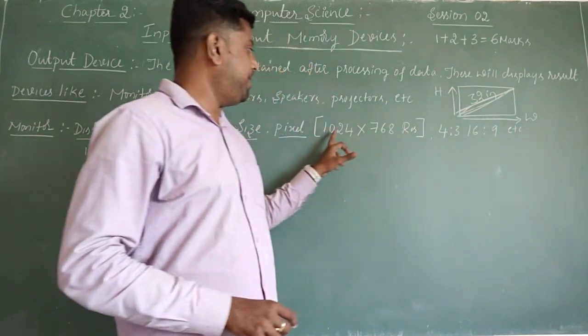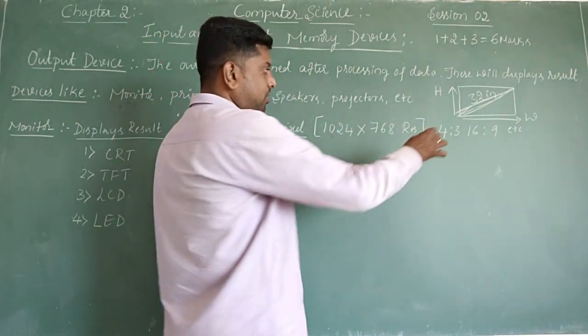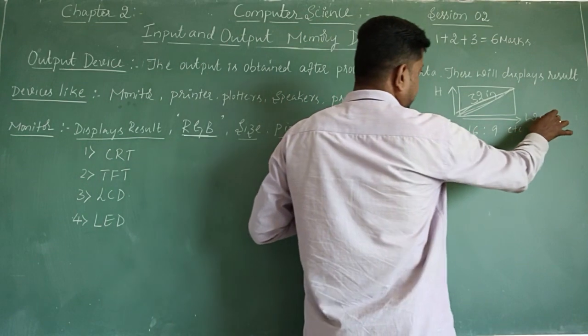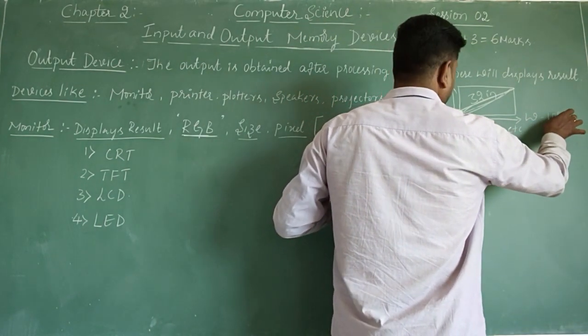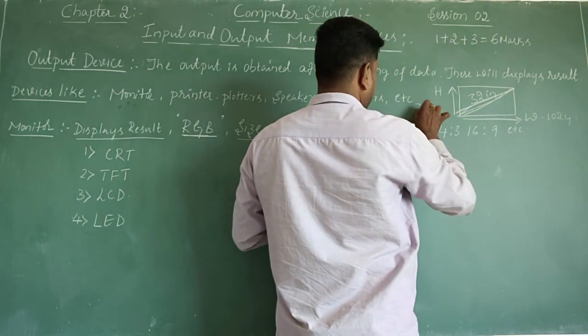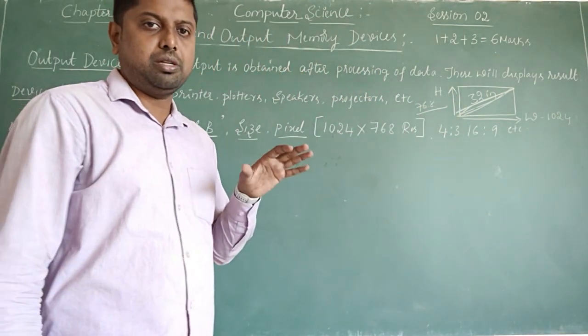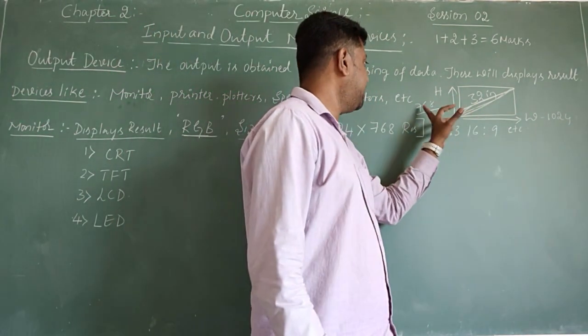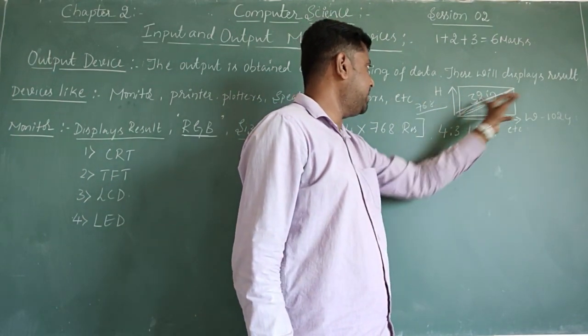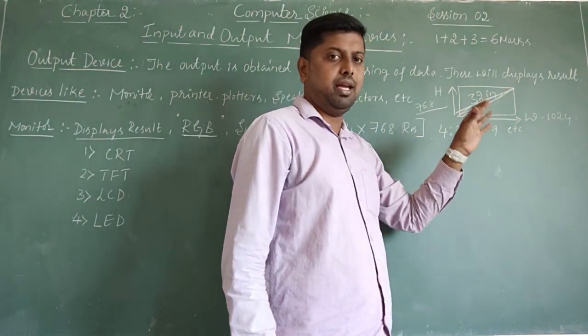Width and height give the resolution, 1024 width by 768 height. So this is the best example of the resolution of a monitor. Width and height will vary, and the size of the monitor is calculated by the diagonal.